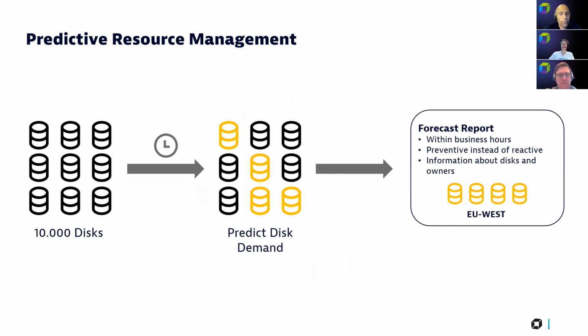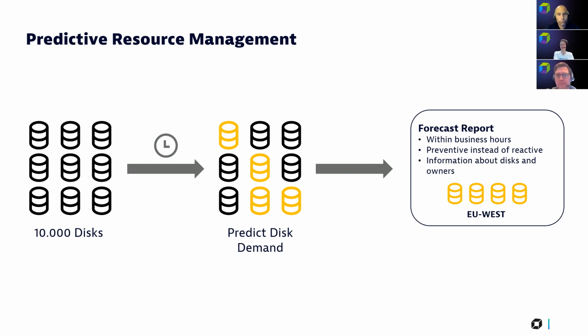So on the other hand, there's predictive resource management. And predictive resource management means that you create schedules for your resources to be monitored, for example. So you first say you want to create a scheduled forecast of your disk capacity or disk demand in the next week. And based on this result of the forecast, you can then take action.